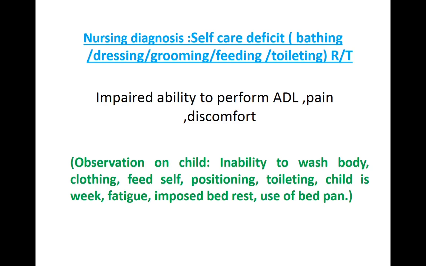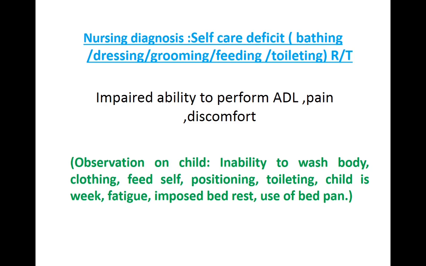So when this kind of problem is there, or pain or discomfort, the child may not be able to perform whatever activity is age appropriate and that the child was doing earlier. The child was doing it earlier and you need to decide whether this is age appropriate or not. For that age group, you need to find out whether the child can perform that particular self-care activity or not.